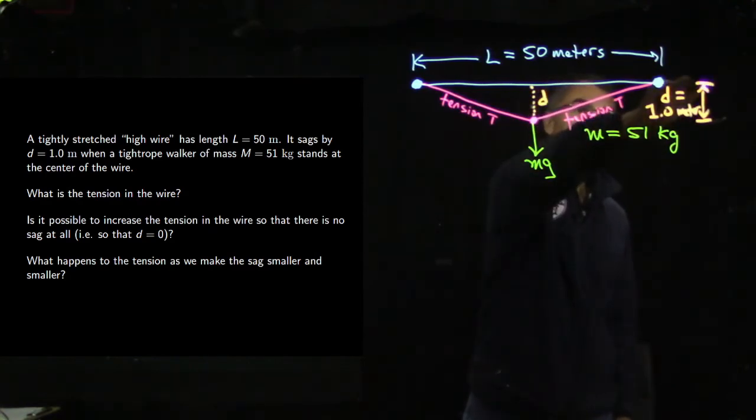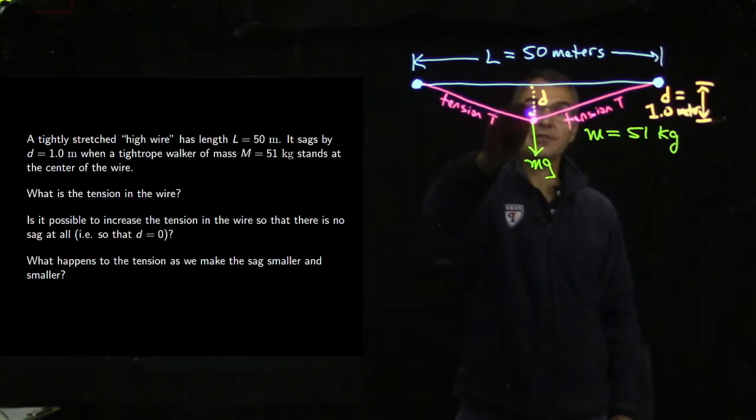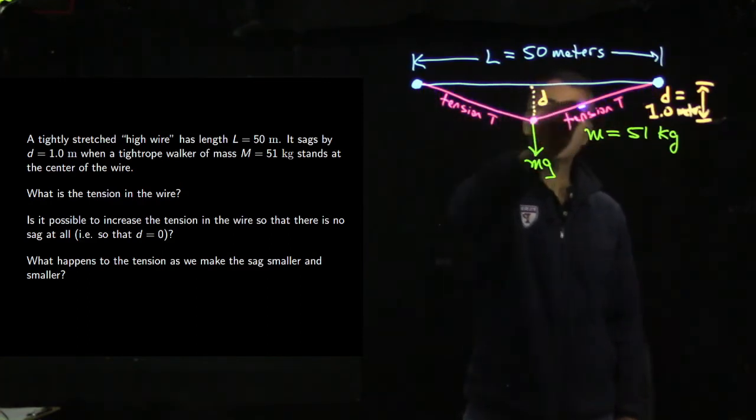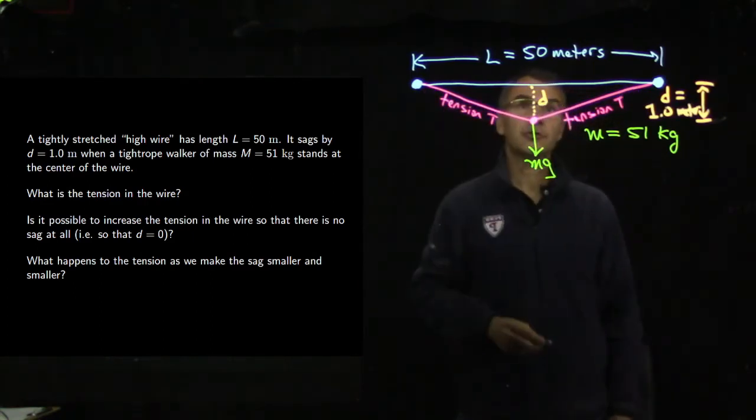So from here down to the place where the person's weight is applied after it is stretched is 1 meter. So this little distance is d. So we have a force downward here, mg. And then the tension is T over here, and the tension is also T over here. The tension in the wire is T. So I think we want to know how big is the tension to support this.